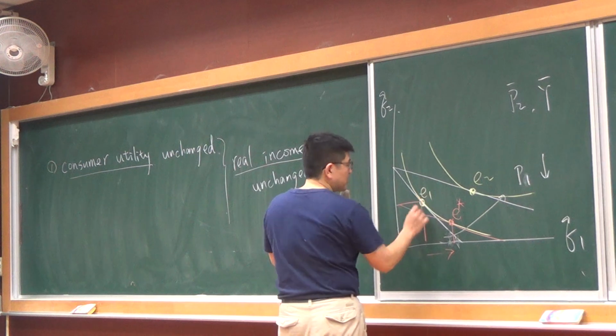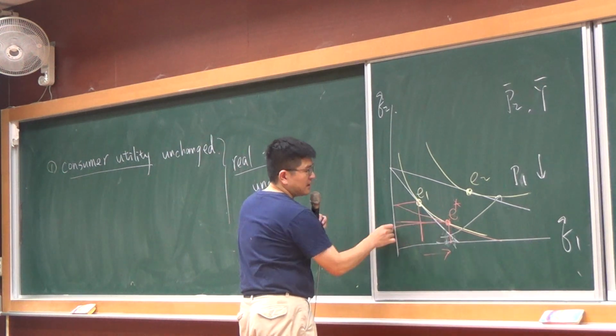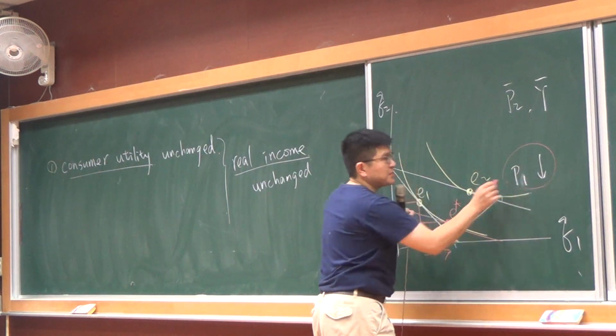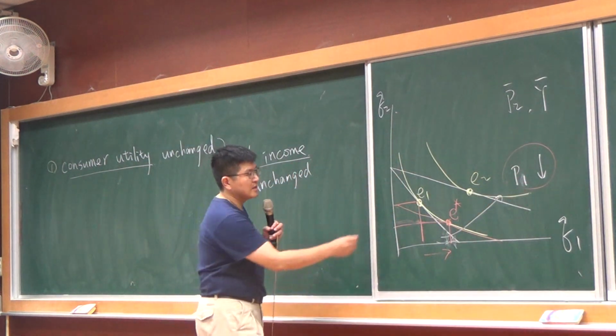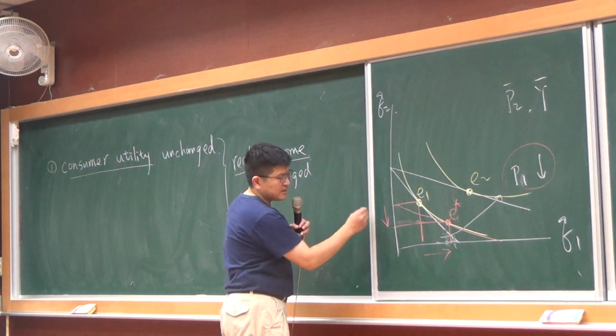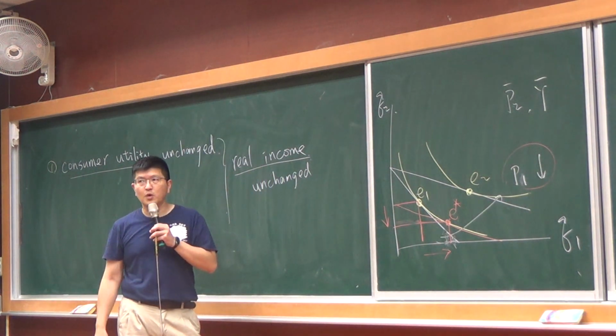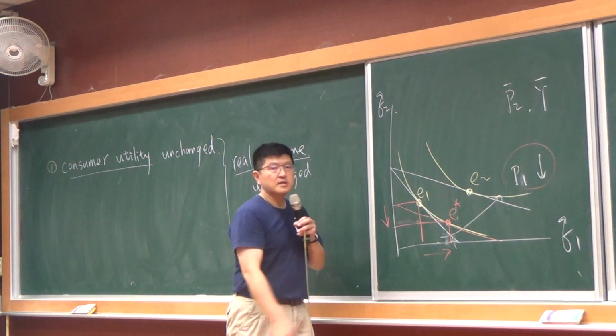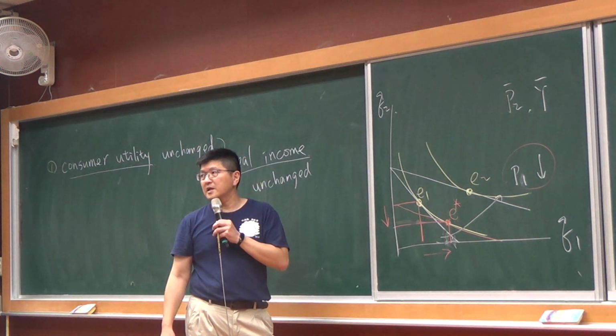And also you will see the substitution effect caused by the drop of P1 makes the quantity demanded of Q2, of good 2, decrease. Okay?